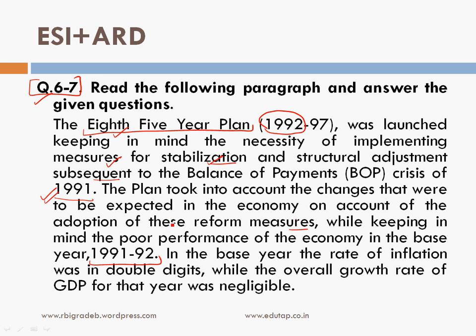Secondly, it had to take into account the poor performance of the Indian economy in the year 91-92. In the base year, that is 91-92, the rate of inflation was in double digits, while the overall growth rate of the GDP for that year was negligible. So for the year 91-92, the inflation was in double digits and the growth rate was very less or negligible.